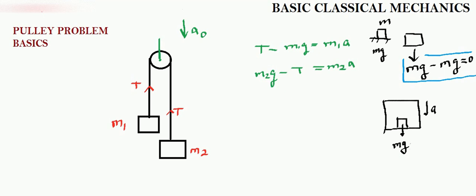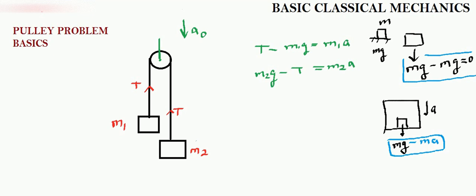How much? It is minus ma. So the actual weight that you will feel inside the lift is mg minus ma, and ma is the reduction in your weight when you are in a lift which is going down with an acceleration a.